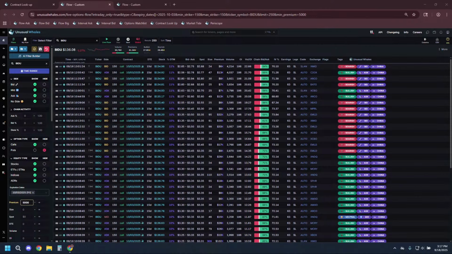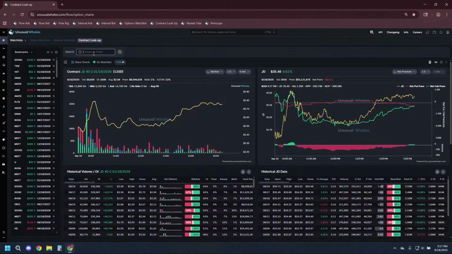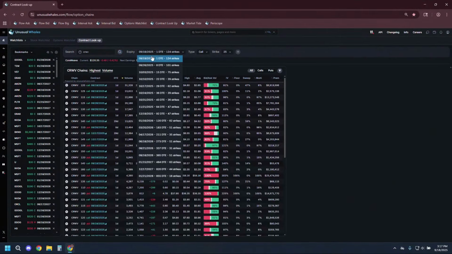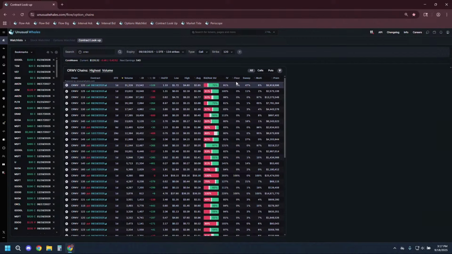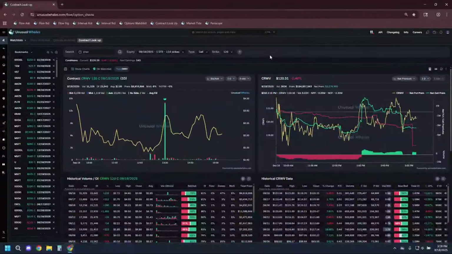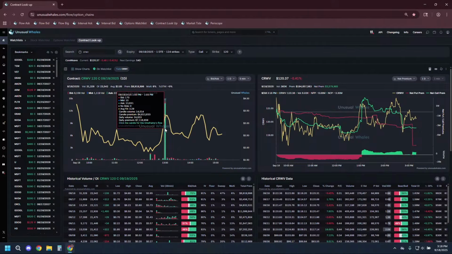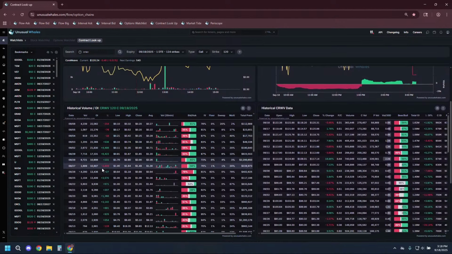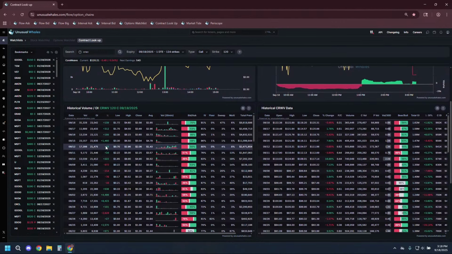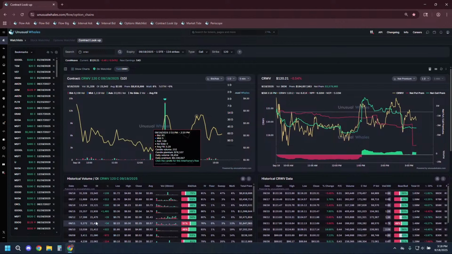Let's see. Moving on, we got the Coreweave weekly 120s. The weekly 120, that is right at the money. So we do have a big candle here that is good for 14,000 volume. Do we see any 14,000-ish volume here? Nope, not really. Do we see a similarly sized candle on perhaps the 15th?